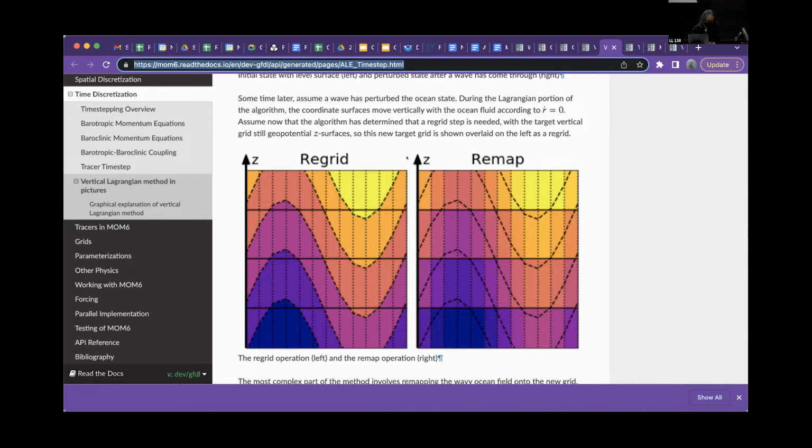There are some other advantages in terms of your ability to control diapixel mixing, especially from the remapping. The choice of the algorithm for the vertical remapping can have a big advantage. Those are the three that I'd just like to highlight here briefly. We'll get into more of them later when I've given my whole talk.